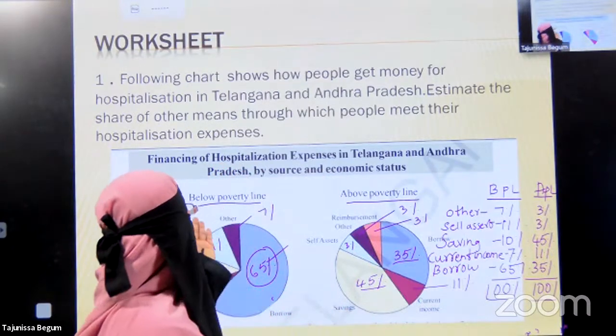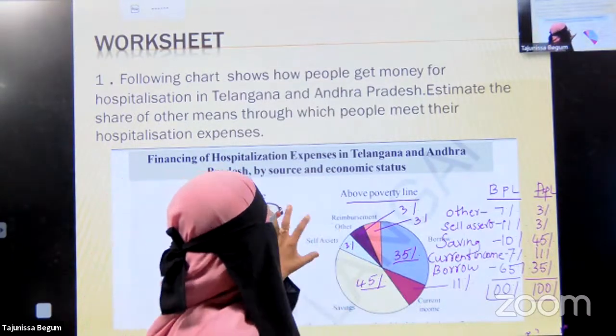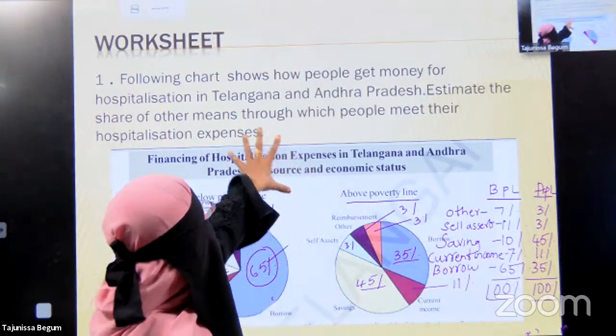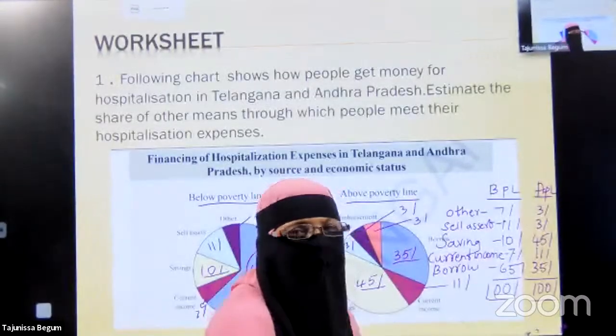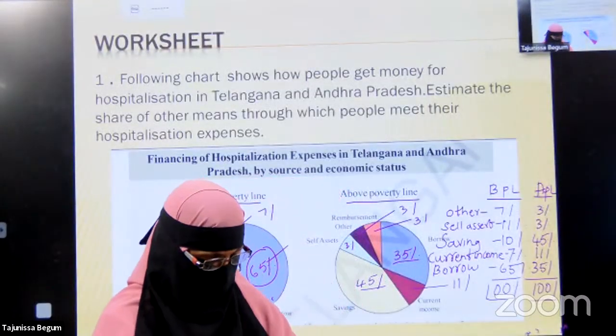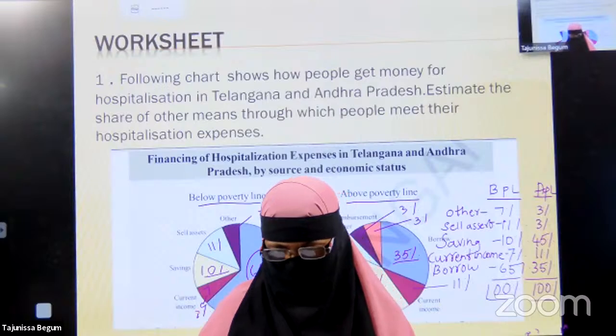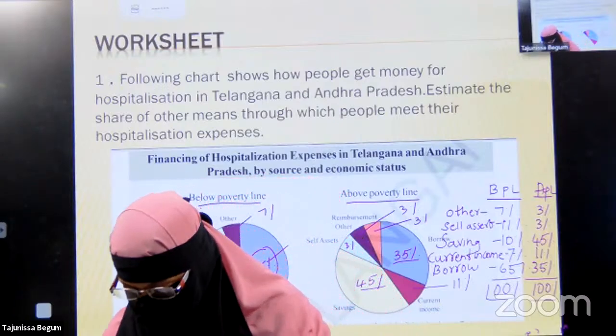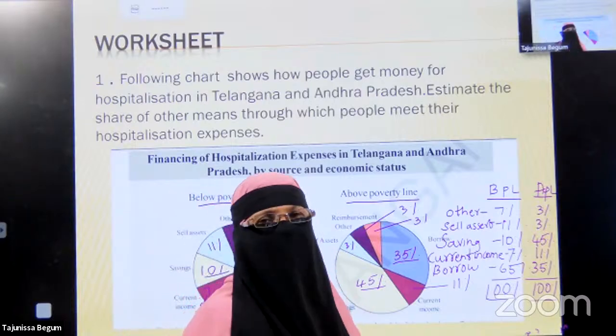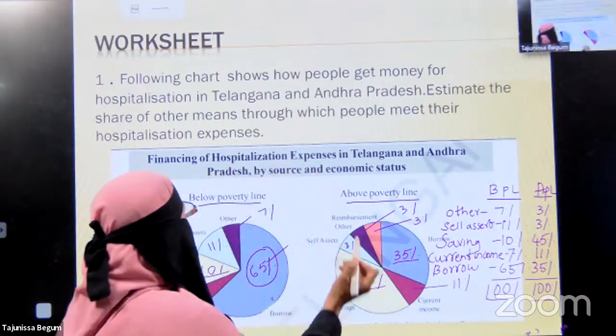See, below poverty line, we can find out. Now we can have a separate clear idea of how the people are spending on their treatment in Telangana and Andhra Pradesh. So did you all understand? And one more thing, who is responsible for health is WHO. Who is WHO? You know that?